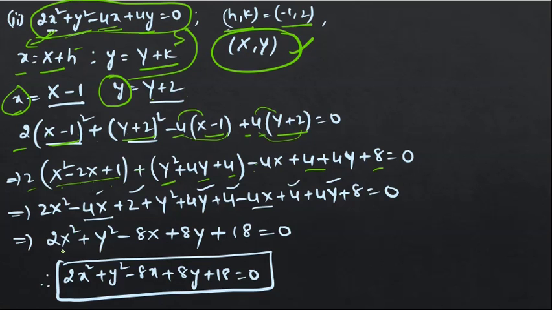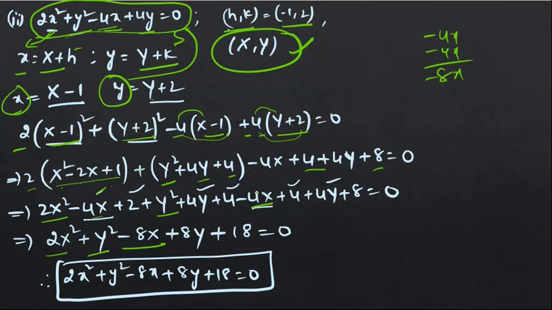Now we'll add the like terms here. The X square term is only one, that is 2X square, I am writing it as it is. Then the Y square term is only one, so I am writing Y square. Then X terms: minus 4X is there and again minus 4X. Both have the same sign, so when I add these two, I'll get minus 8X.